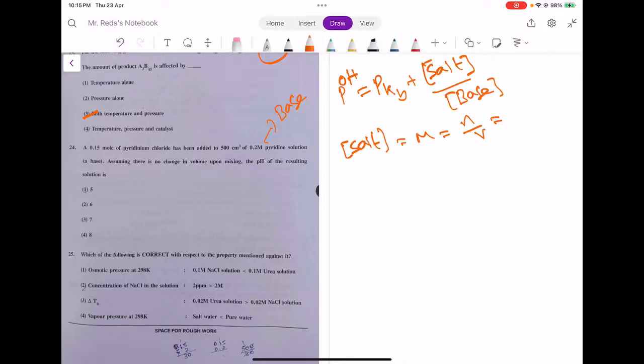The salt is pyridinium chloride, 0.15 mole, added to 500 ml of 0.2 molar pyridine solution.